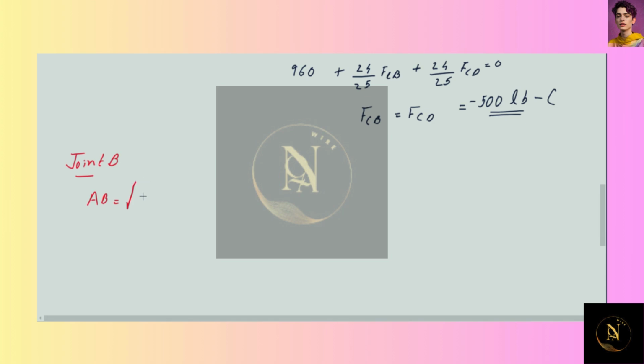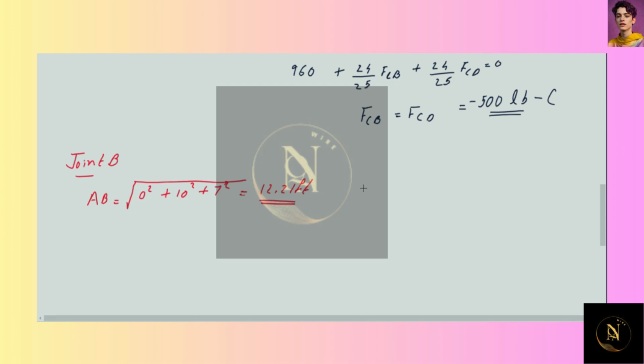AB will be equal to 0 square plus 10 feet square plus 7 feet square, so this will be equal to 12.21 feet.